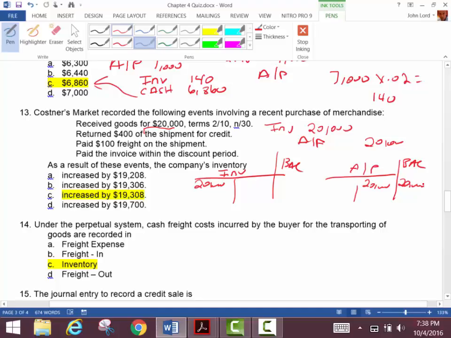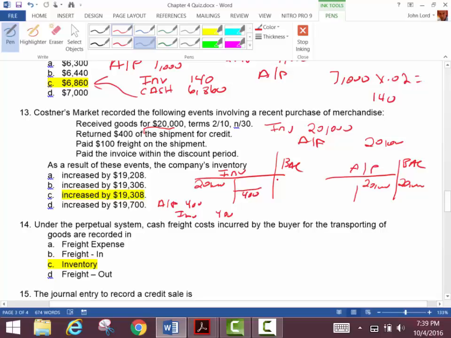Okay, good. Now what happens? Now they return what? 400? So if they return 400, what are they going to do? They're going to debit the accounts payable for 400 and credit the inventory, aren't they? Okay. So let's go ahead and do that.